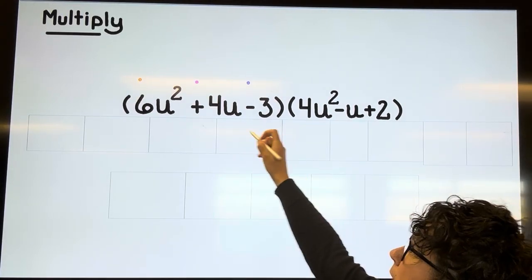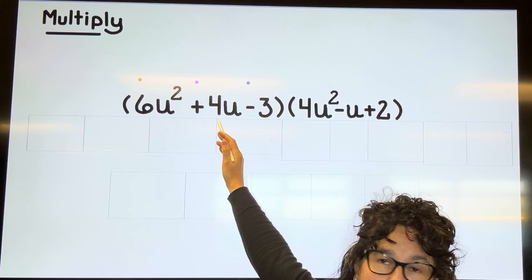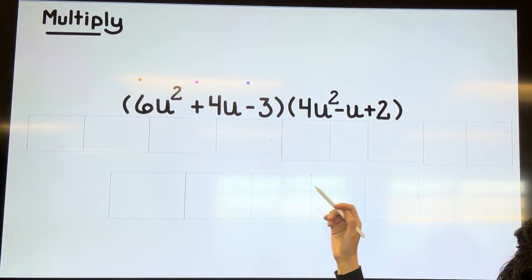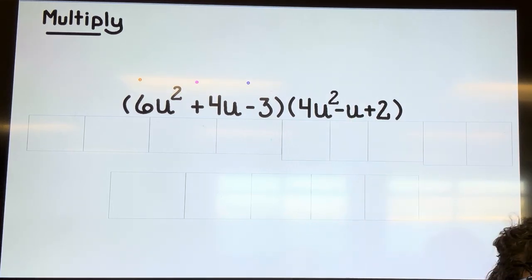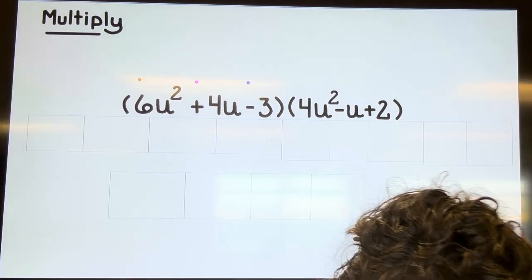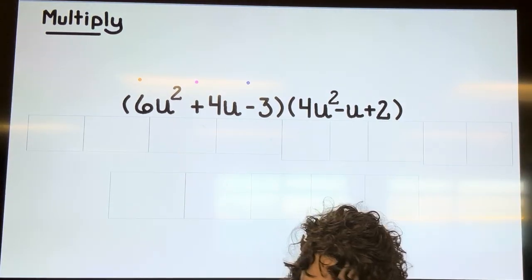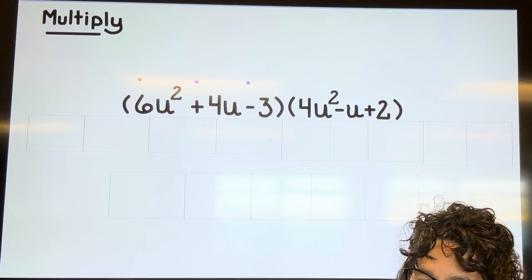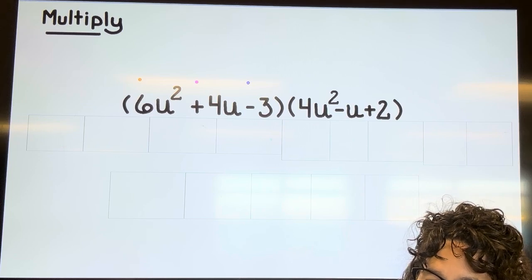We're going to multiply a trinomial, we call it that because there are 3 terms, times another trinomial, it has 3 terms. So what you want to do is take this first term, which is 6u squared. Let me just highlight that for you.